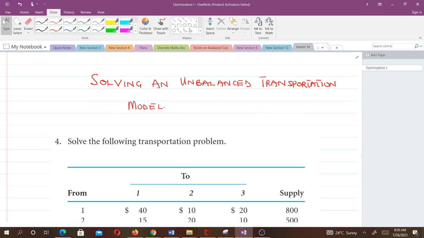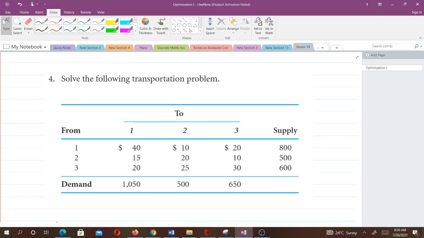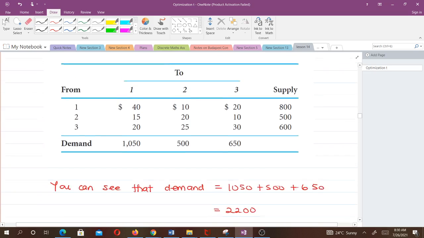Now let's learn how to solve an unbalanced transportation model. The question says solve the following transportation problem. For KNUC students, this is an example in your lecture notes for this course.